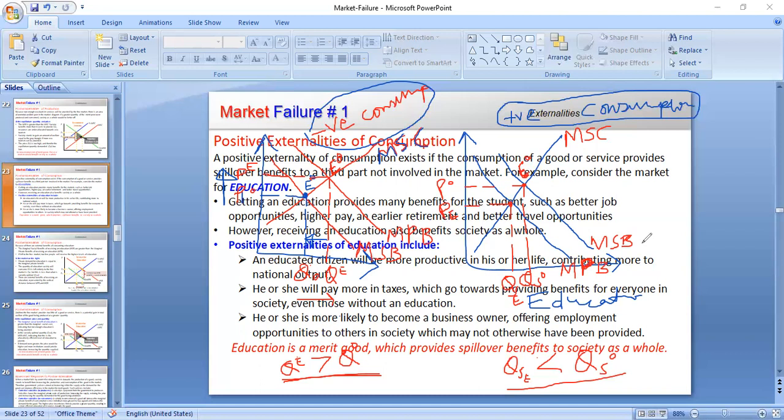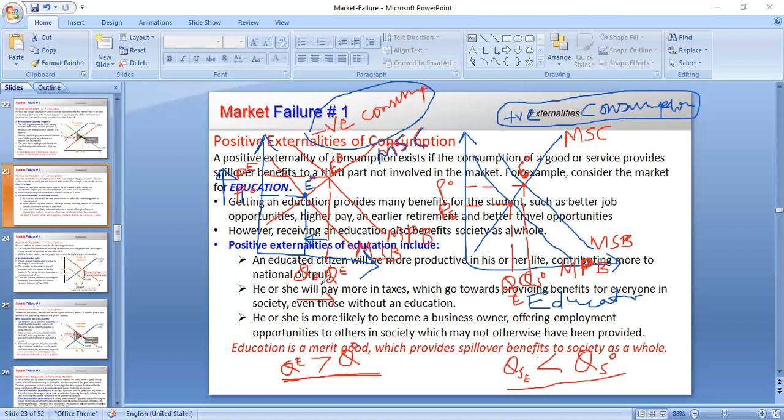Society is benefiting. What does society benefit from the citizens being educated is the marginal social benefit. So the marginal social benefits of education will be that an educated citizen will be more productive in his or her life, contributing more to the national output, right?